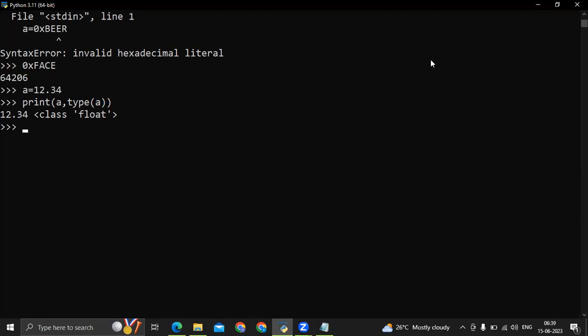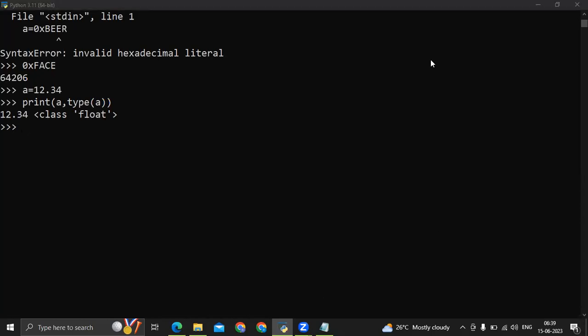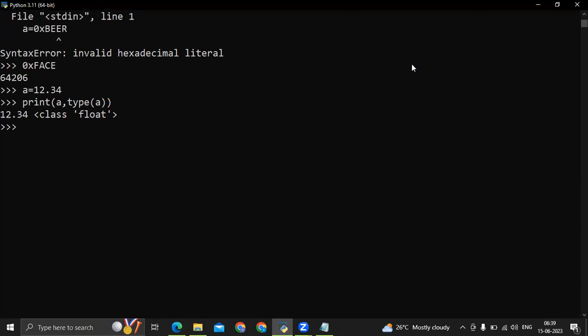Now, if I write A is equal to 1.2, B is equal to 3.4, and C is equal to A plus B. Now print A, comma, type of A. Now print B, comma, type of B. What type of value are we getting?